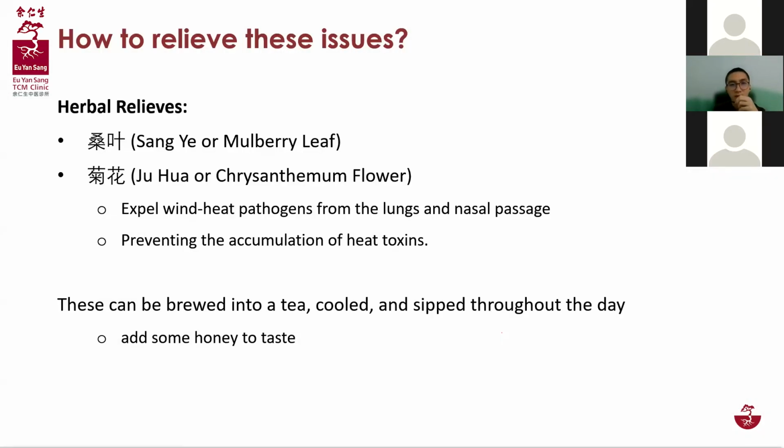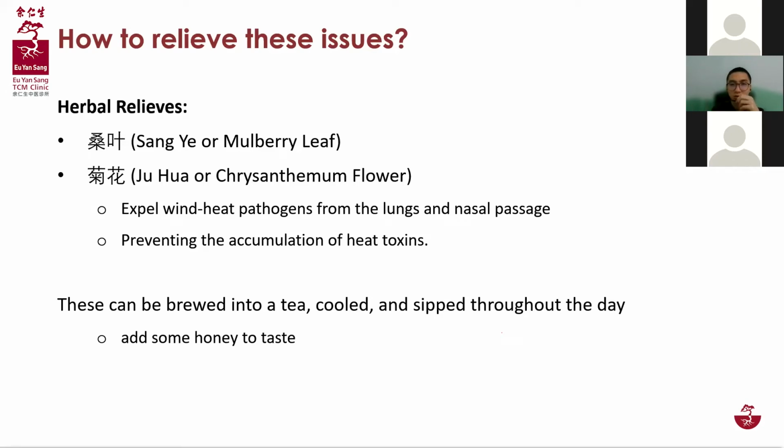Okay. Right. So for the heat part, I have this very simple herb, maybe more suitable for slightly older kids. For young babies, it also can be used, but the amount is very small. So we have 桑叶 mulberry leaf and 菊花 chrysanthemum flower.